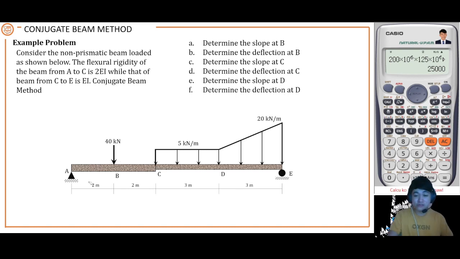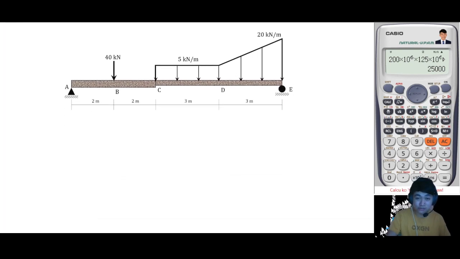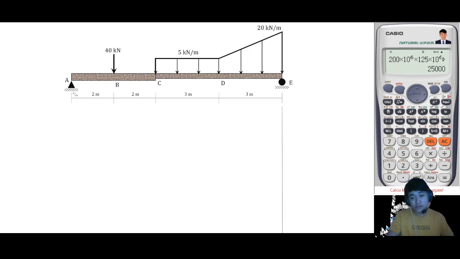Same as before. First is to solve the reactions at the supports. In solving the reactions, those are 43.25 and 49.25. Make sure to check if these are correct. Anyway, I already checked that these values are correct. Now, select a reference point where you draw the moment diagram by parts.